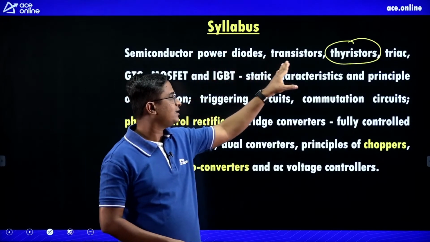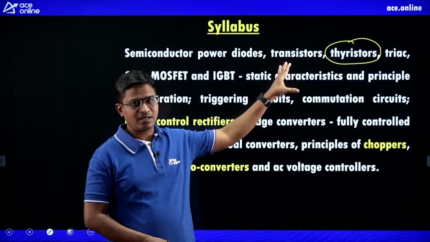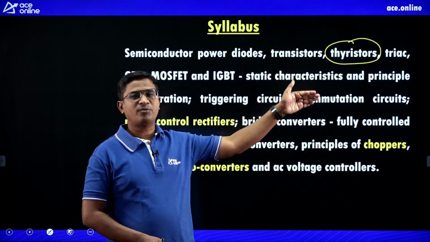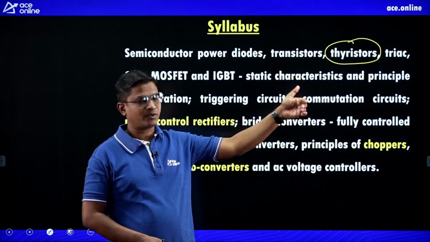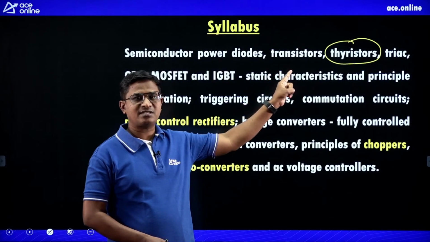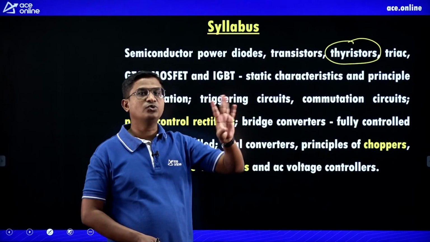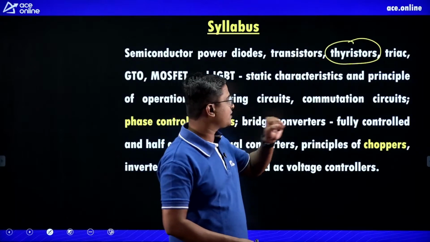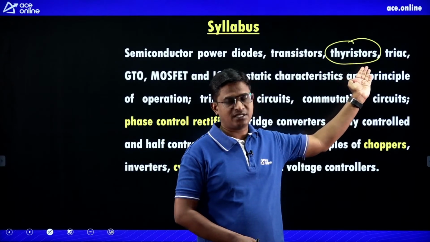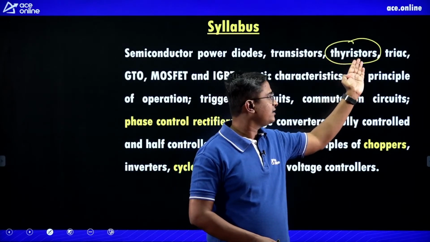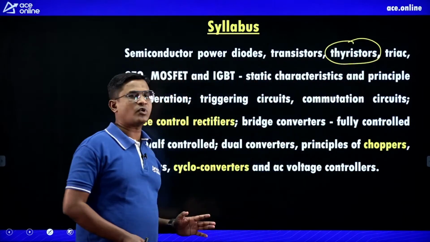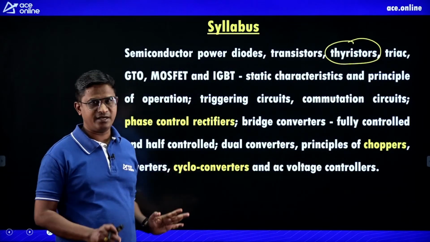After that, we have the transistor family devices like power BJT, power MOSFET and IGBT. Transistor family devices have 3 layers and 2 junctions. Next, we have the thyristor family devices: SCR, TRIAC, GTO.